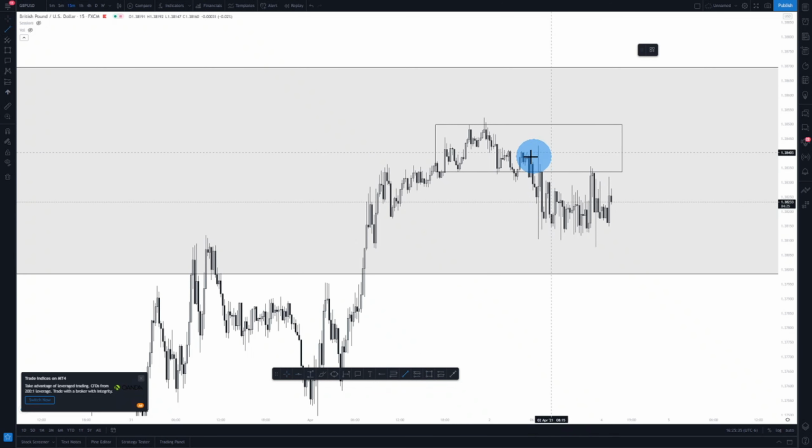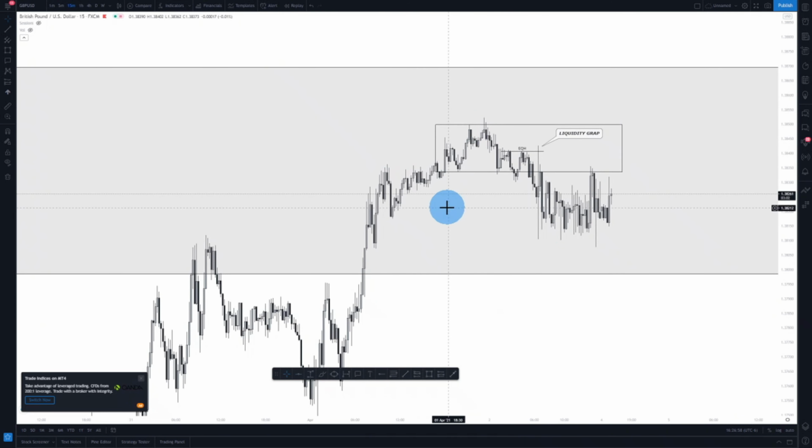I can clearly see over here that we have some equal highs, and obviously over equal highs there's liquidity lying, and as you can see, this week has freed liquidity. So this is a liquidity grab. The market has already freed liquidity.